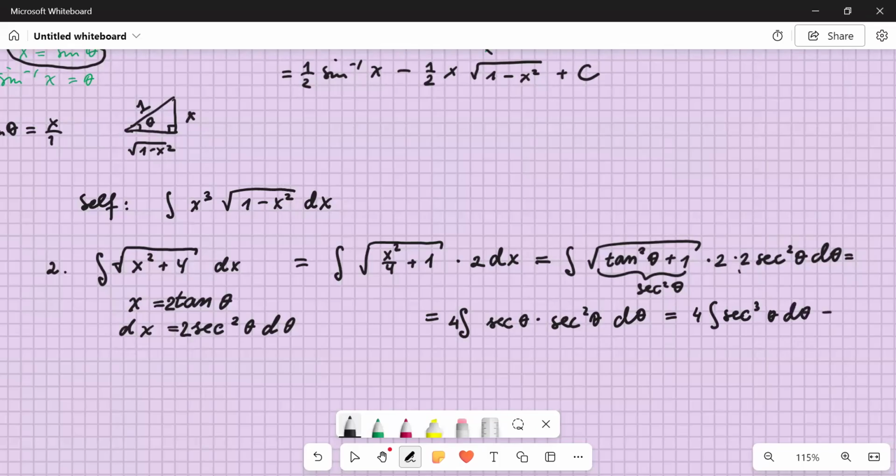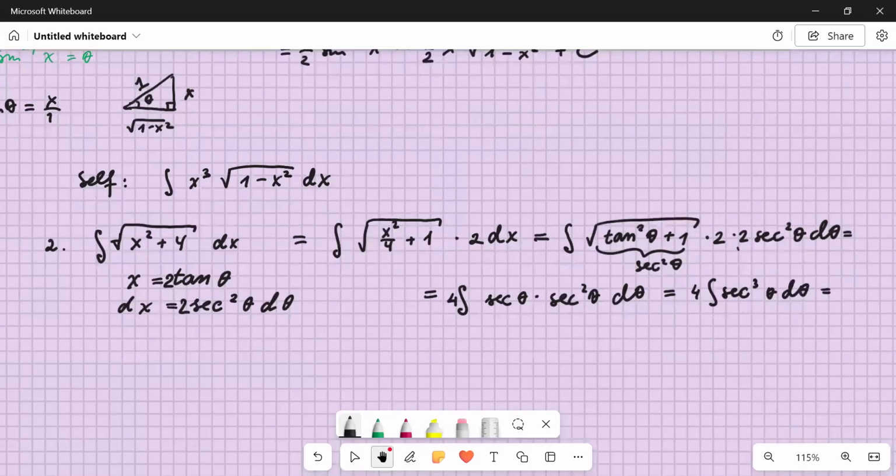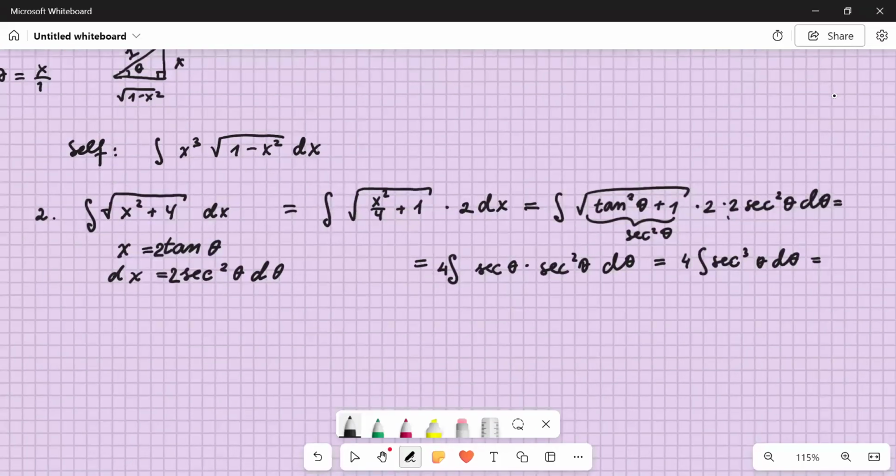You probably recall that that was my special integral in chapter 7.2. And for that integral, we already calculated that it's equal to a long and complicated formula. So why don't we just recall this formula? It's 1/2 secant of theta tangent of theta. It's not that difficult to remember. Plus 1/2 ln of secant of theta plus tangent of theta.